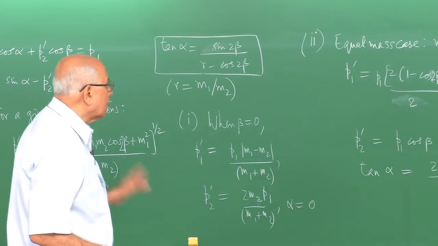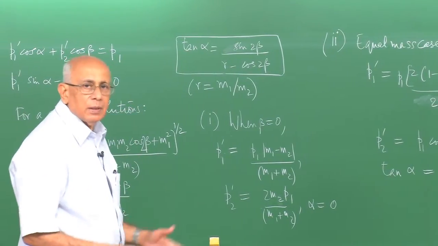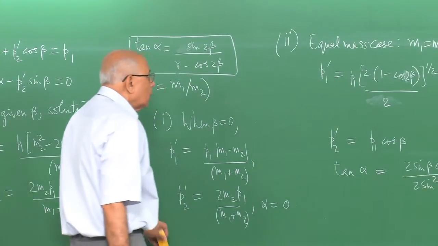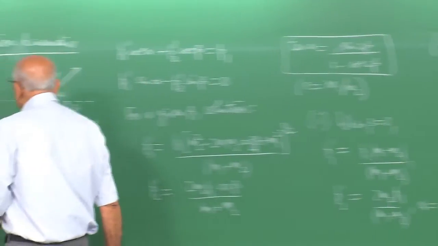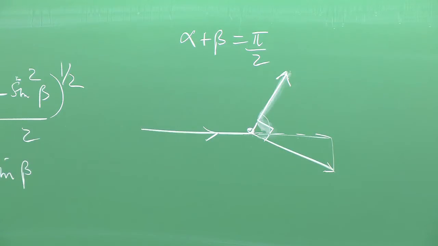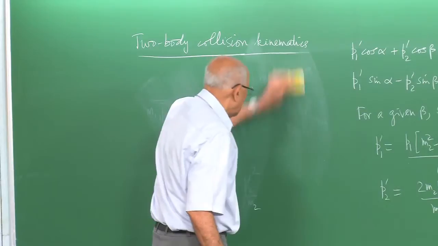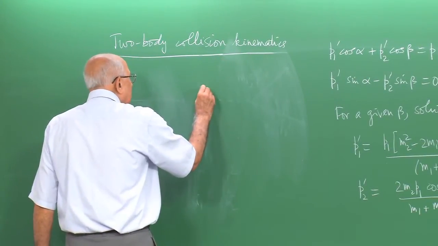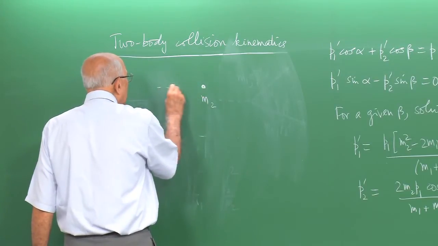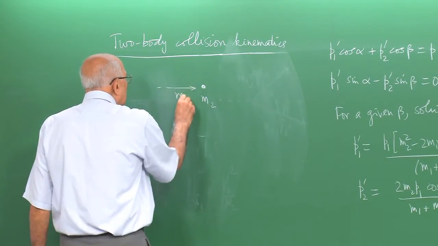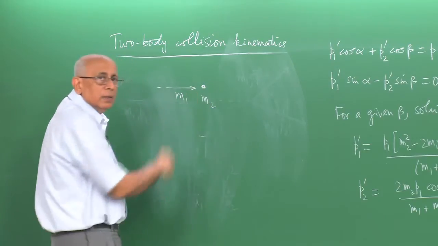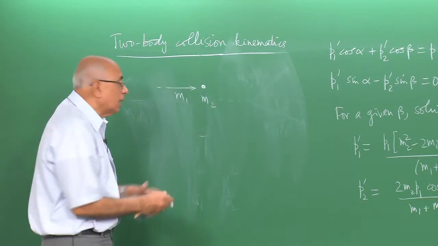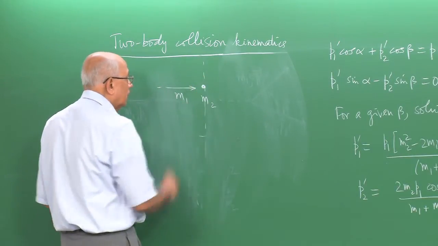Just to check that the general result is right, it helps to write down what this does in that limit. Notice another fact here, and that is that you cannot have any value of beta beyond pi over 2. What is happening is that you have a mass m2 here and you hit with a particle m1 in this direction. Therefore, there is no likelihood of this going backwards. It certainly cannot get to the left of this line at all.